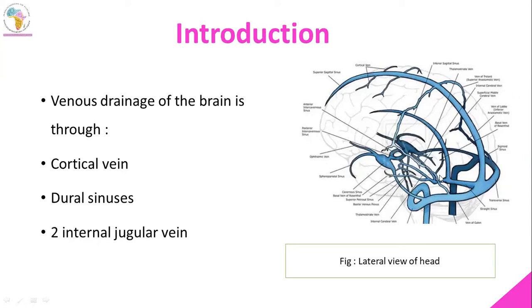Then the final drainage will go through the internal jugular vein. The internal jugular vein is the main venous outlet of the brain. So we can divide the venous drainage of the brain into a cortical vein system and a dural sinus system that finally drains into the two internal jugular veins.